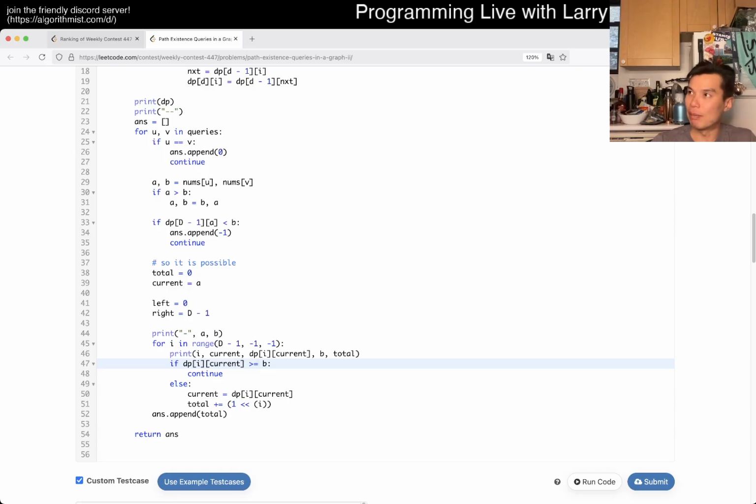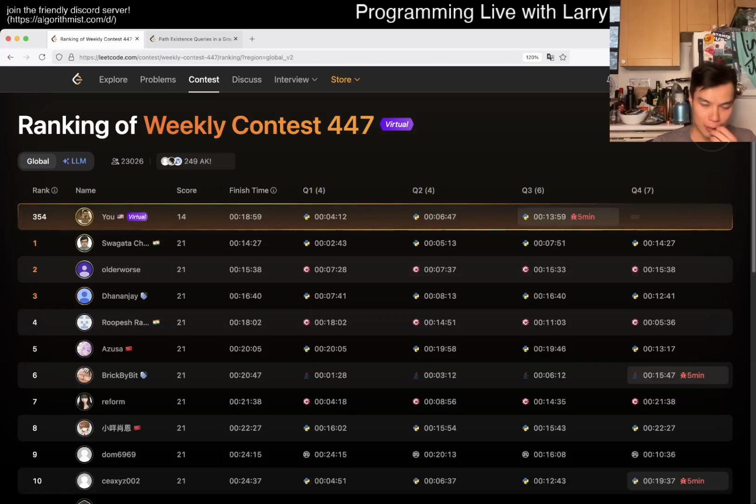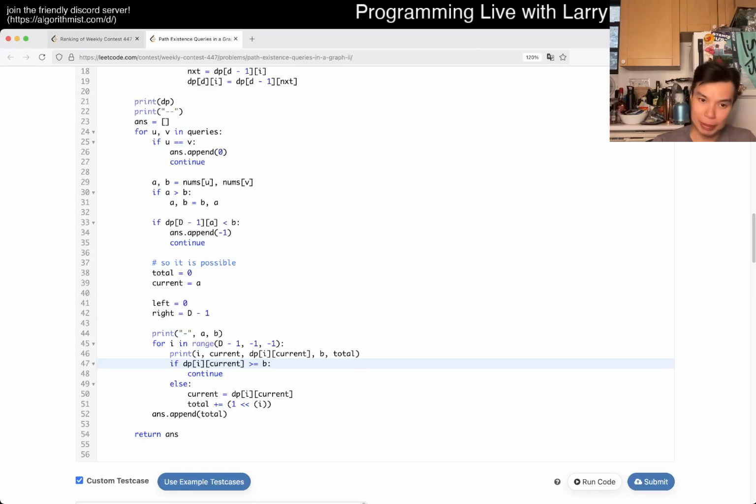Like, people who are very good at binary search know this one, but I struggle with this because I don't do it this way. Okay, so if it's exactly B, I want to write something like this, but it's okay. It's okay. So it's this.